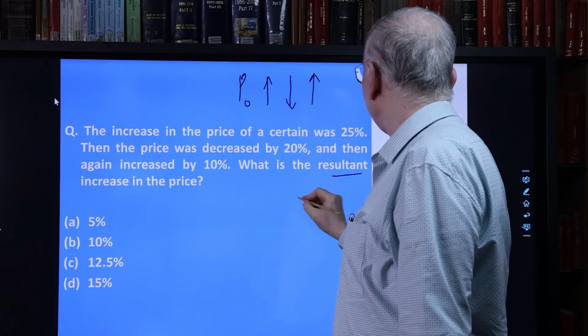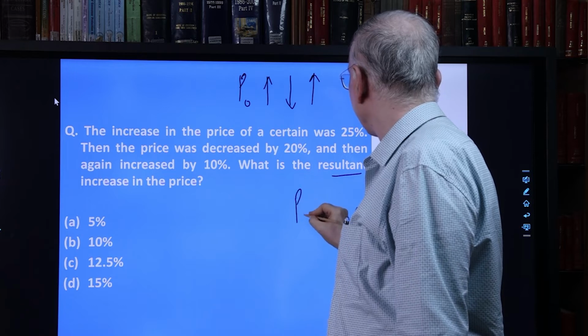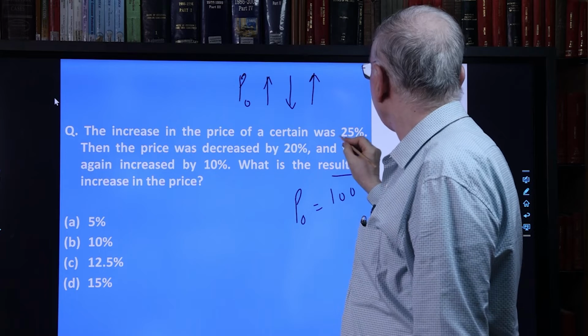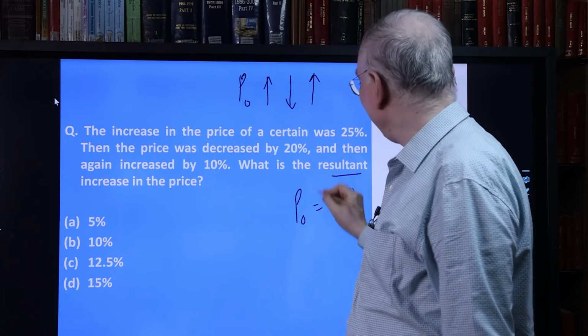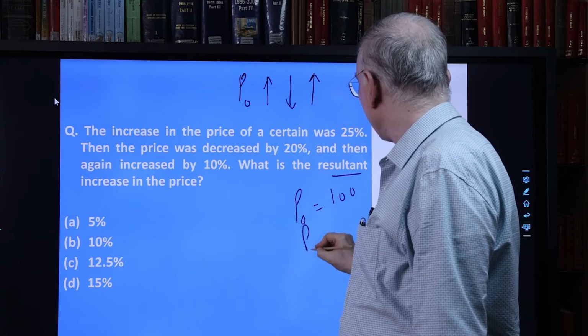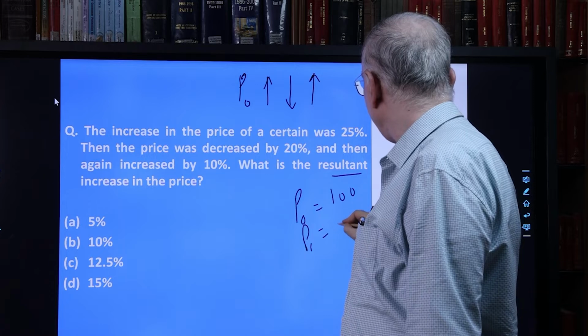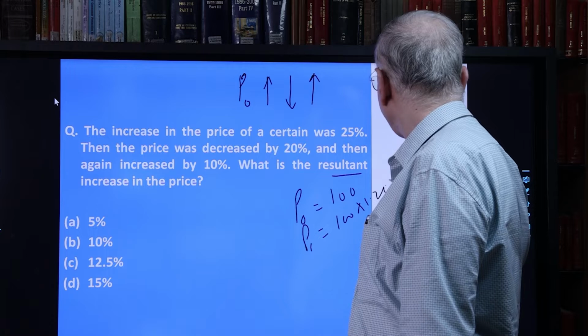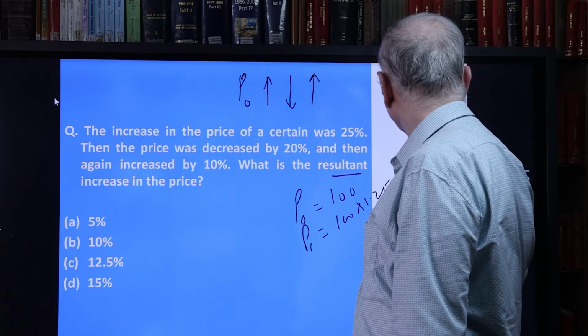So if P0 is equal to 100, then a 25% increase means in P1 we have to multiply 100 by 1.25, that means 125.